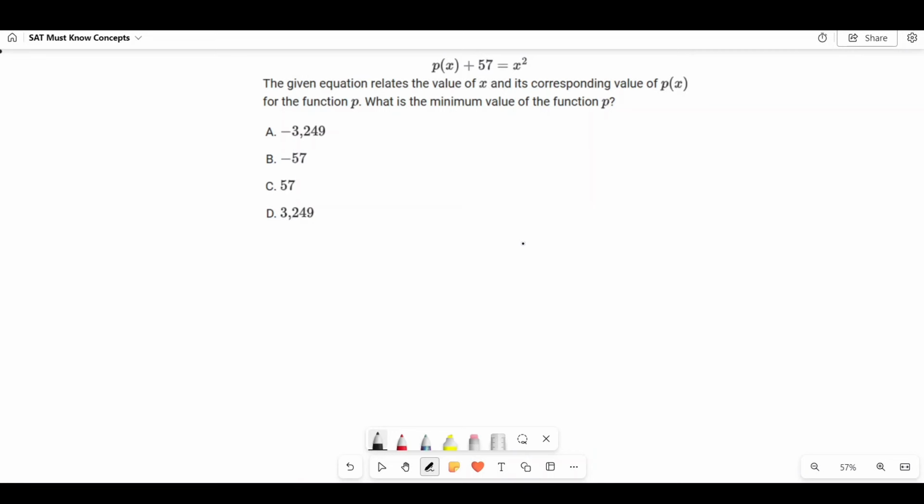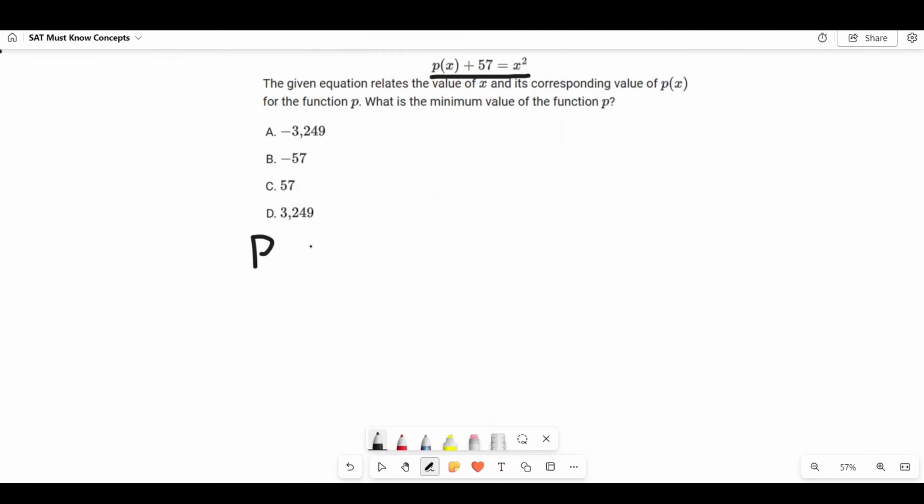Next, we're going to be going over nonlinear equations. In this equation, we're going to deal with a quadratic function, and it's asking us what is the minimum value of function p. In these types of equations, it's important to notice that we want to have the p of x on its own side first.